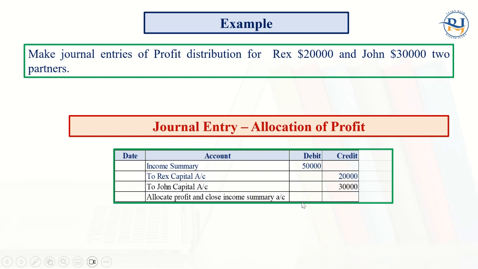In this case, whatever profit the company has is going to be distributed among these two partners. Rex capital is credit. Credit means money is increasing. And John capital is credit, meaning also money is increasing. Whenever there is a profit, they are not going to take it home, but they are going to increase the capital in the partnership firm.